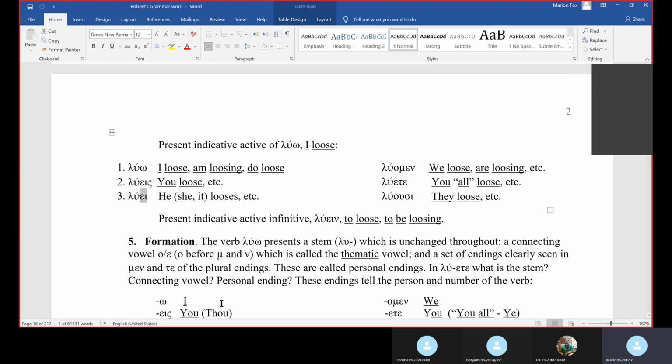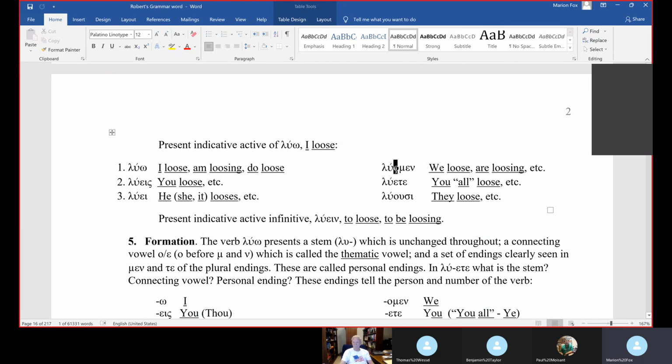We change the ending to ei, and lue, and that is he, she, or it looses. Now, we don't know whether it's he, she, or it. We have to derive that from the context. But it's the third person singular pronoun.